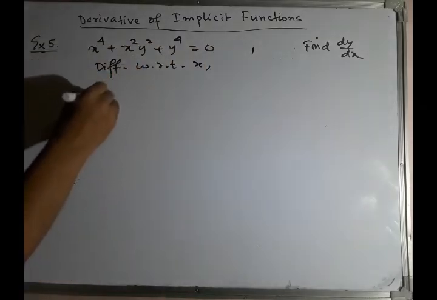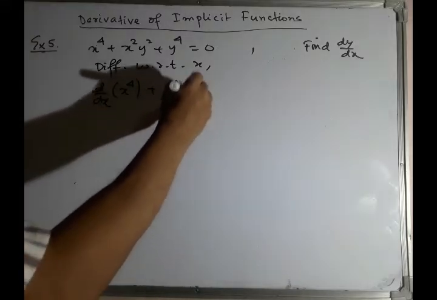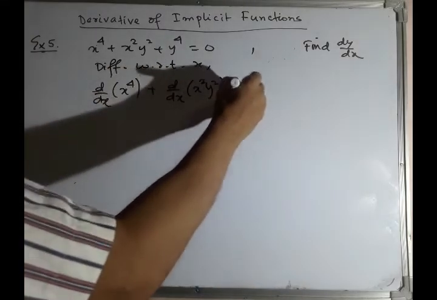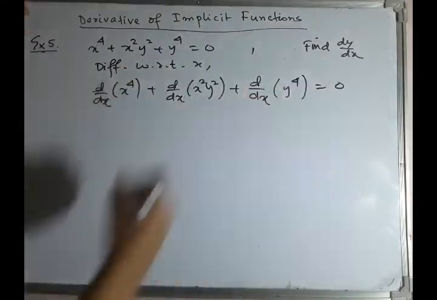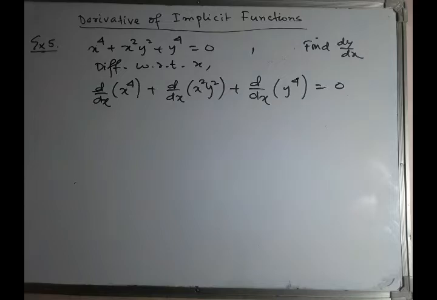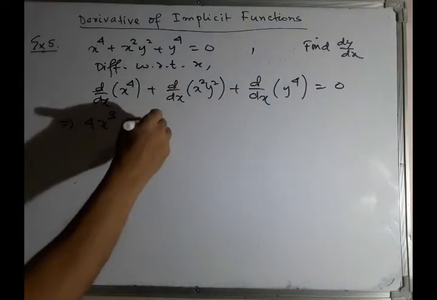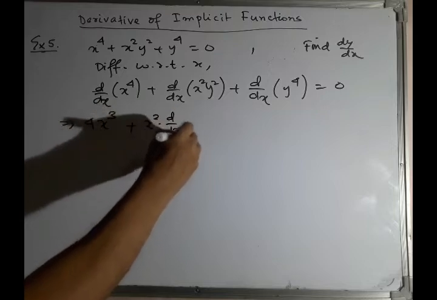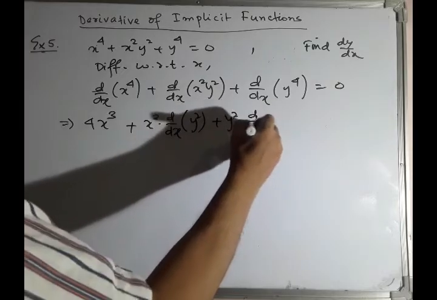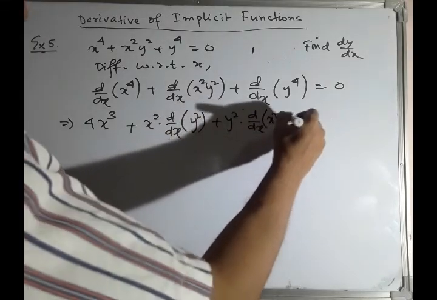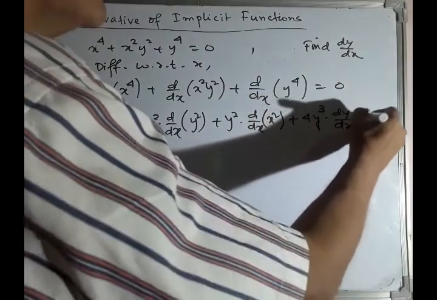So d dx of x to the power 4 plus d dx of x square y square plus d dx of y to the power 4 equal to 0. So what will we get? 4x cube plus x square into d dx of y square, plus y square into d dx of x square, plus 4y cube into dy by dx equal to 0.